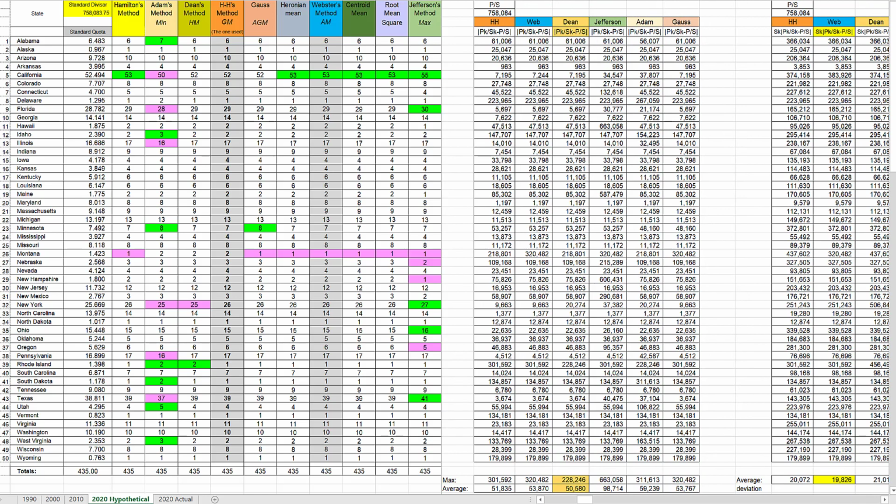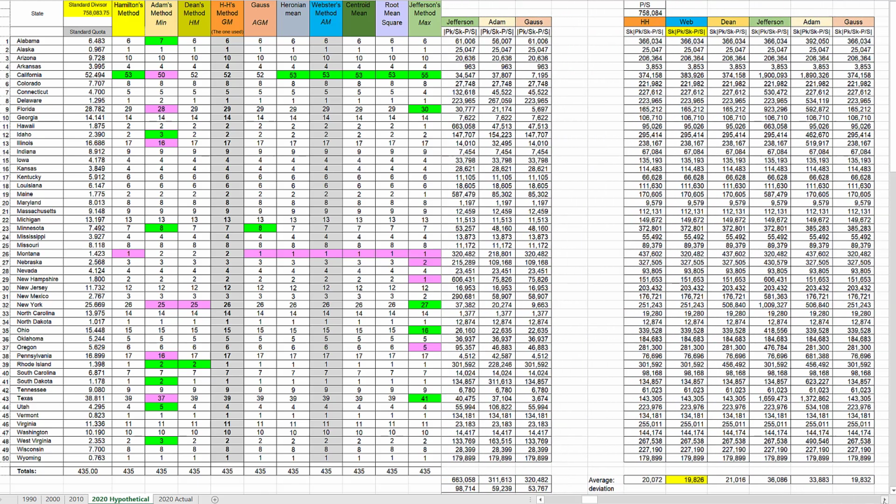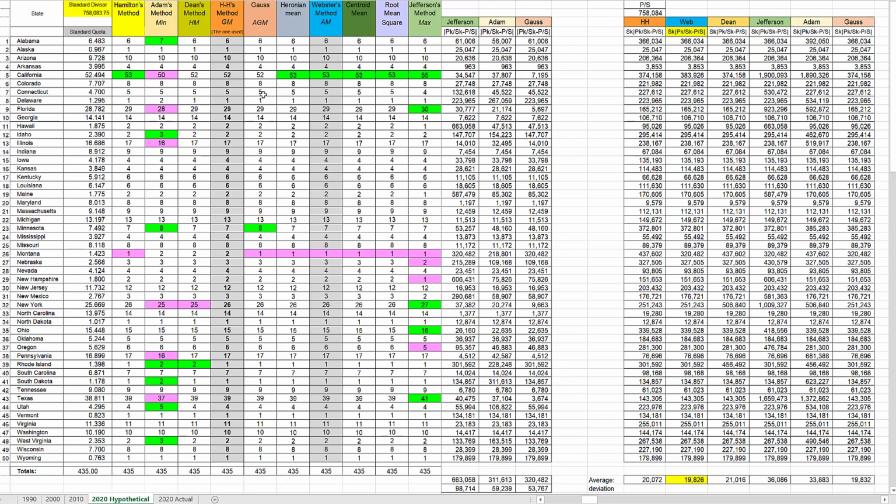Multiply each of these by how many times it happened. So Hamilton wins, but Webster has the same apportionment. Let's see. Gauss did better than Huntington Hill. So again, this is the one where Gauss was different than Huntington Hill. Anyway, so for whatever that's worth.